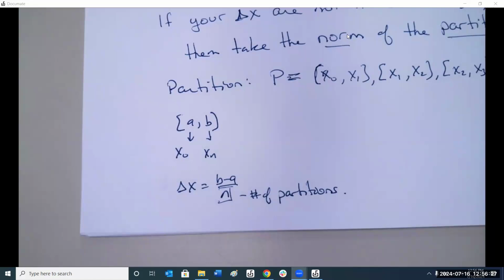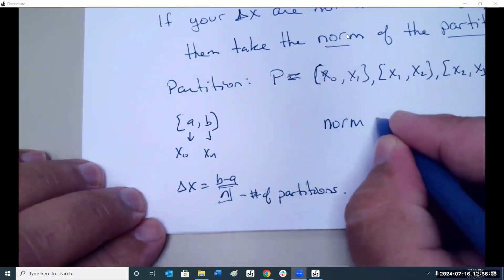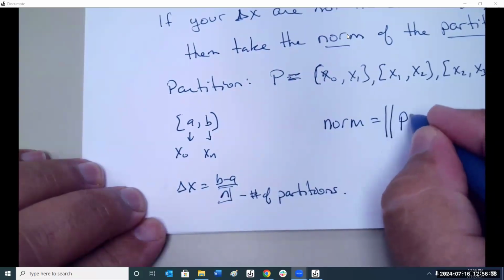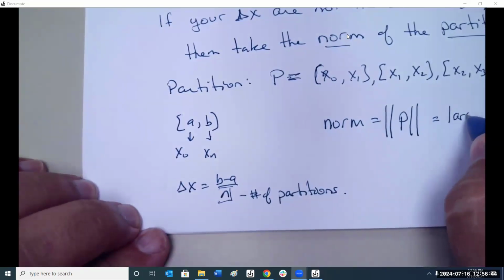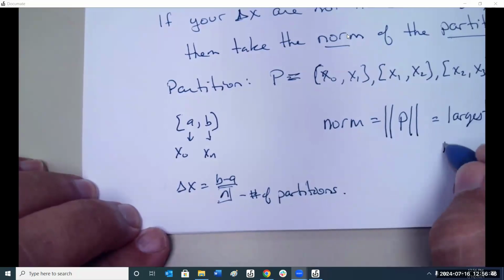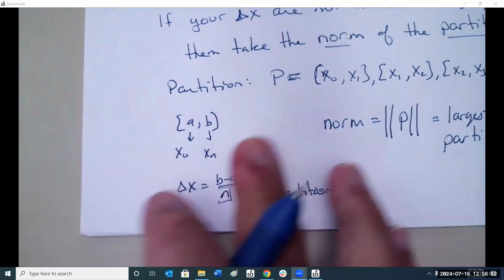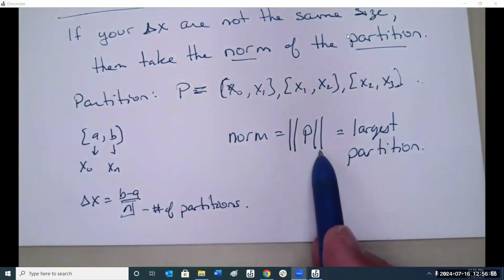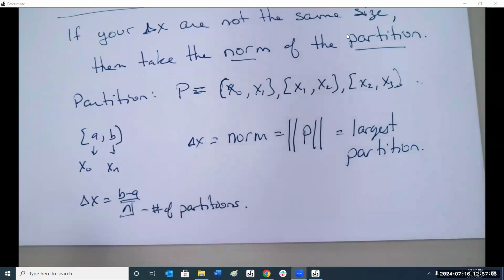But if you use the largest, even the smaller ones will be contained in there. So that's what the norm is. The norm is these two lines on both sides. It represents the largest partition, and that's going to be your delta x.